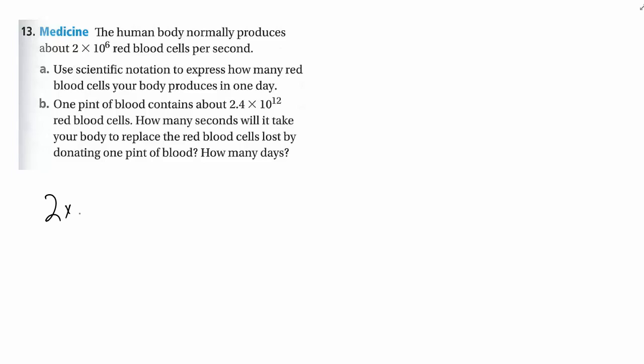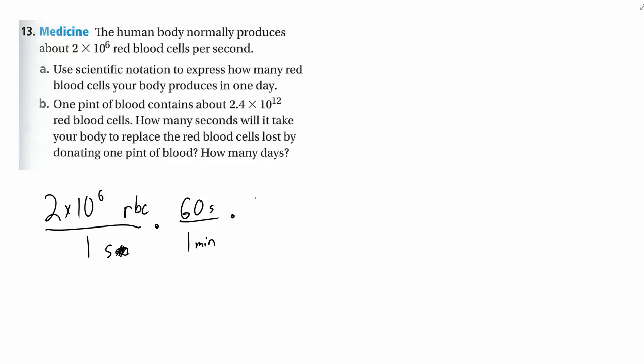So there's 2.2 times 10 to the 6, and I'm going to write the units: red blood cells per 1 second. Well, if I want to convert that, I know I need to multiply by 60 because there are 60 seconds, I'm just going to use S for seconds, in 1 minute. That tells me how many blood cells per minute.